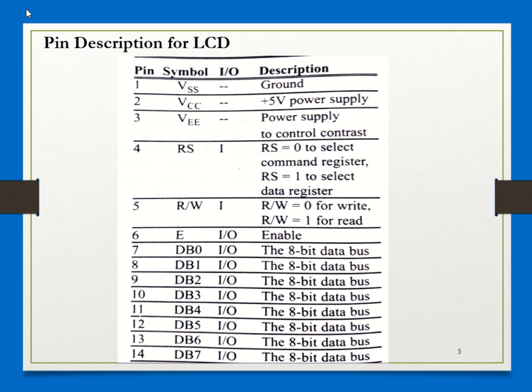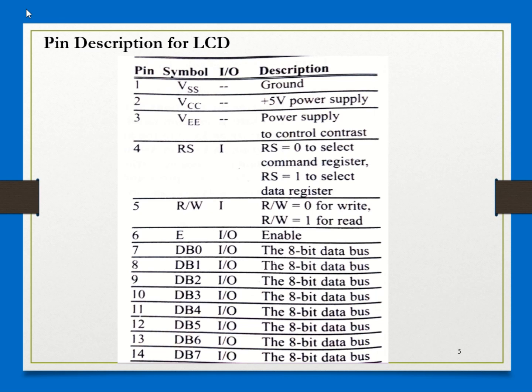E is the enable line. This pin is used by the LCD to latch information. So on these data lines, whenever you're placing data, if you want that data to be latched by the device, latching is nothing but taking, strobing.